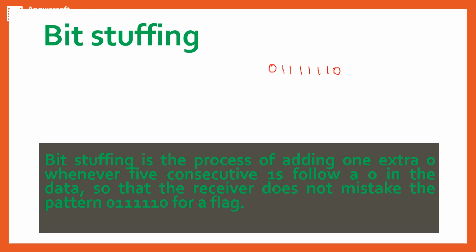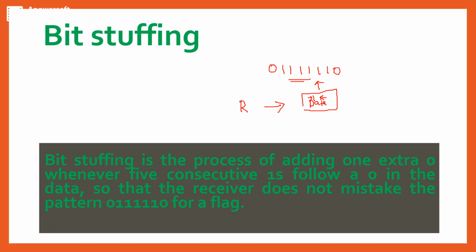So we need to somehow inform the receiver that this is not the end of the frame. The receiver may think that the flag value appearing within the data is either the end of the frame or the beginning of the frame.